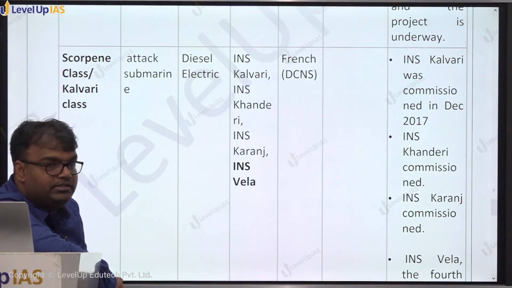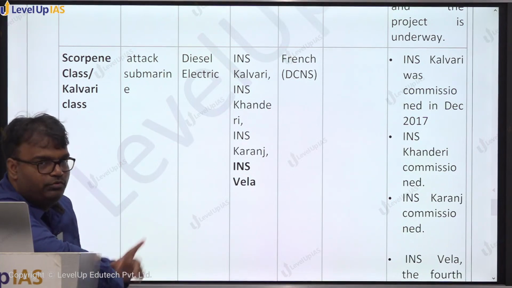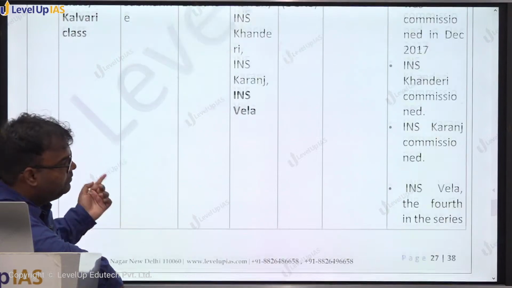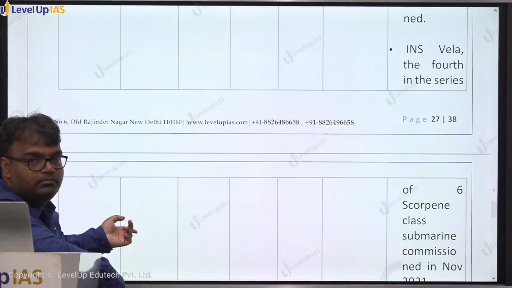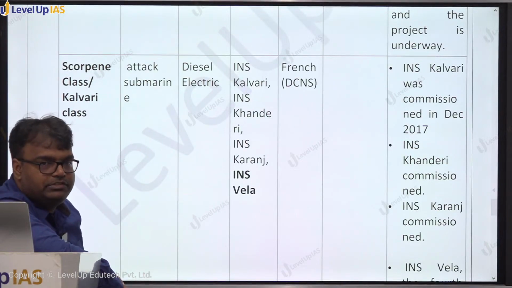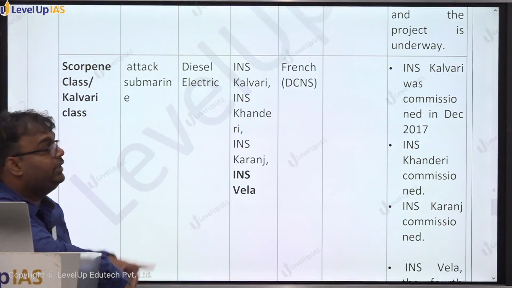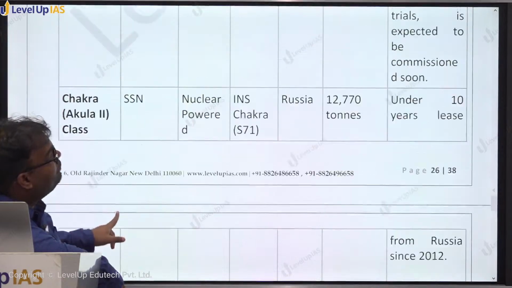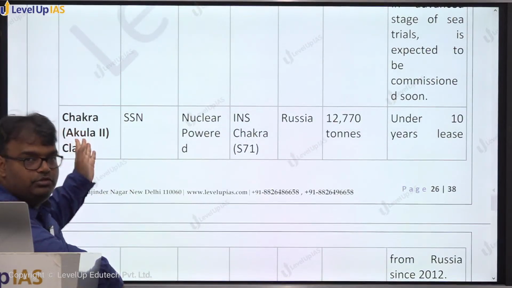Are we getting it? हाँ, इसी का है, जिसके documents leak हो गए थे, वो इसी का था. Yes, it was the French company which gave design and everything, है ना. In case of पुराने वाले, when we were talking about origin ना, it was given to us by Russia.